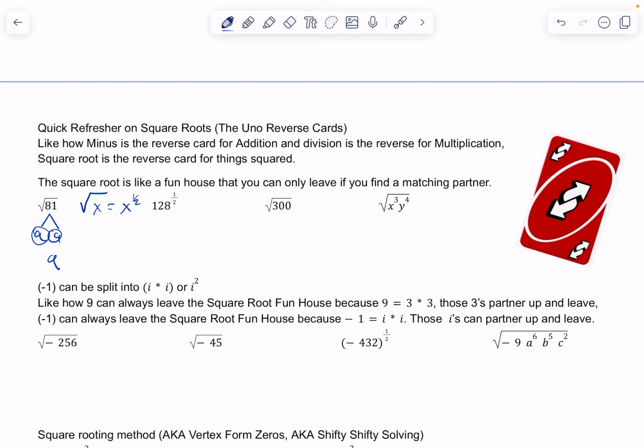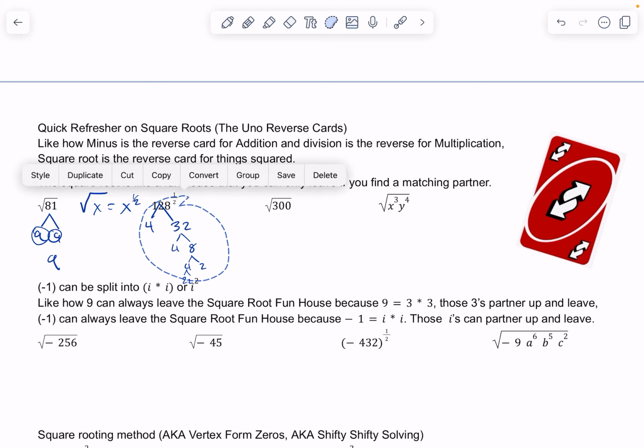So in this case, if I were to split this out, let's see what I can think of. I think I know 4 can go in there, so that gives me 3 and 2. That's also a 4. There's also a 4. That gives me an 8. And 8 is a 4 and a 2. So this is 2 and 2. There's a lot of 2s here.